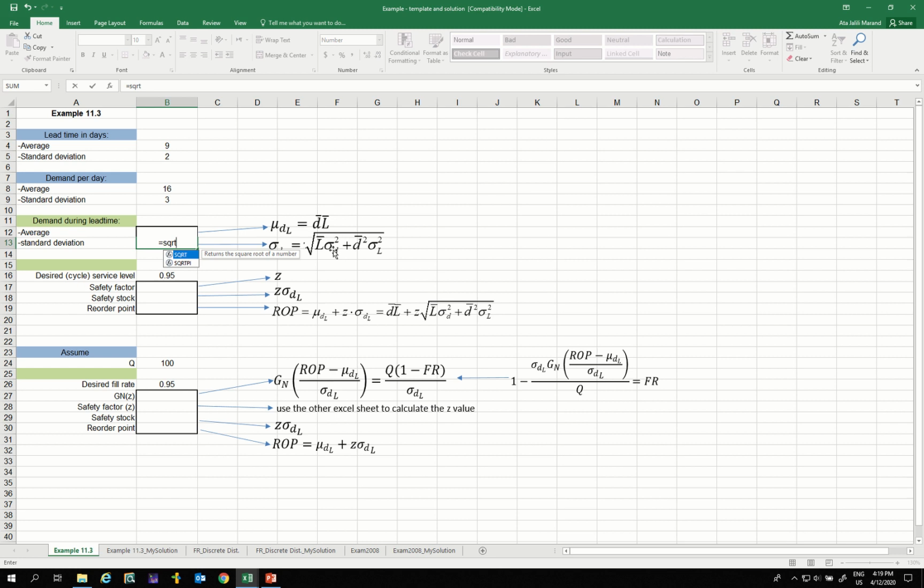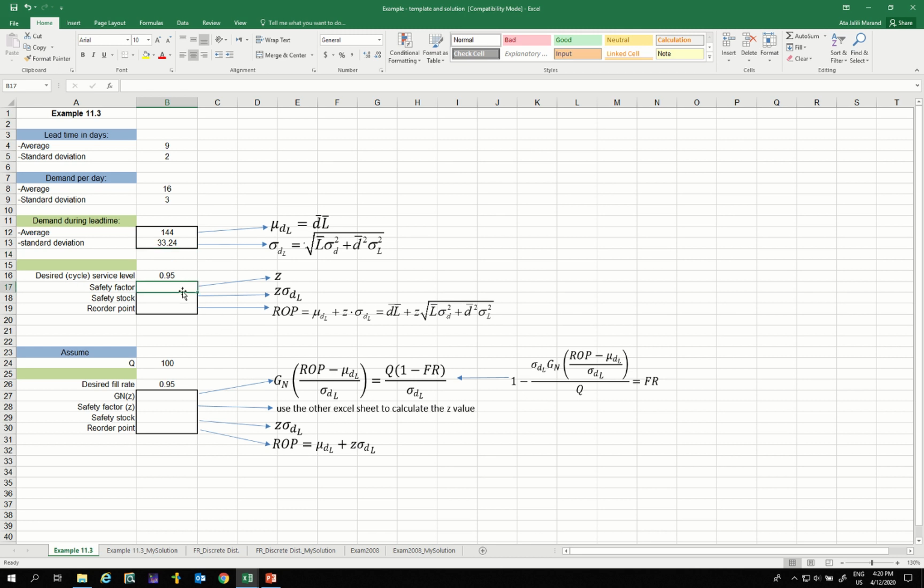So it is square root of L bar multiplied by sigma d to the power of 2 plus d bar to the power of 2 multiplied by sigma L to the power of 2. So 33.24. It is the standard deviation of demand during lead time.